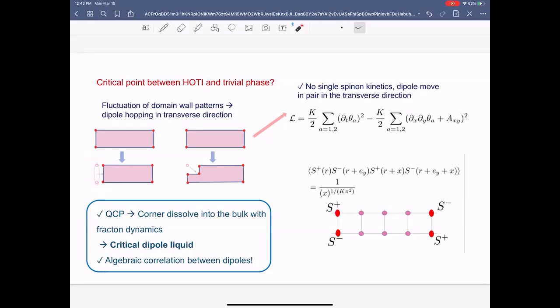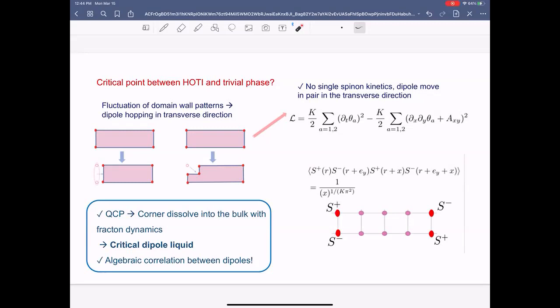So now it's a bit more clear. At a quantum critical point, the corner mode dissolves into the bulk with some elusive fracton dynamics where a single charge cannot fluctuate and a pair of charges can only fluctuate along the transverse direction. This critical point can be characterized by a critical dipole liquid because a single charge does not fluctuate. If we measure the correlation function of two magnons at a quantum critical point, they should not decay exponentially.